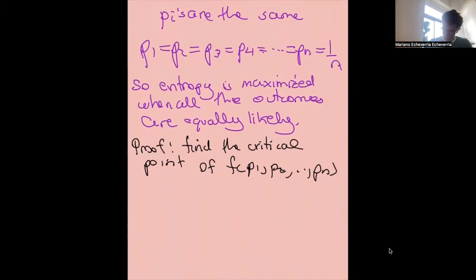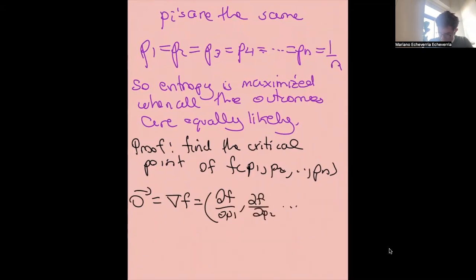The gradient of f was the partial derivative of f with respect to P1, the partial derivative of f with respect to P2, and so on, up to the partial derivative of f with respect to Pn. You probably only did this for functions of 2 variables in Calc 3, and at most 3. I don't think you would ever do functions of more than 3 variables to find the critical points. But the critical points of a multivariable function are found by setting each partial derivative equal to 0, right?